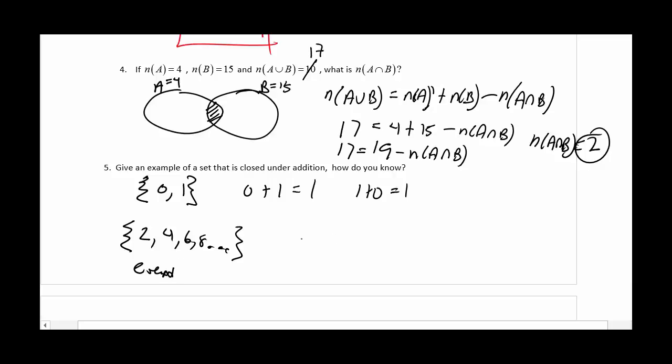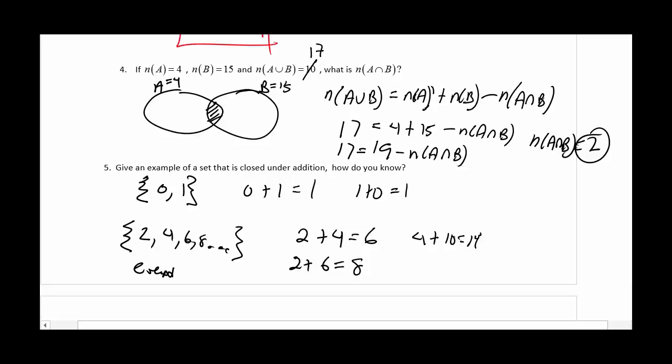So let's pick any 2 even numbers. Let's pick 2 plus 4. I get 6, and 6 is even. 2 plus 6, and I get 8. 4 plus 10, I get 14. Right? Anytime I pick any 2 even numbers, if I add them up, I'm going to generate an even number.